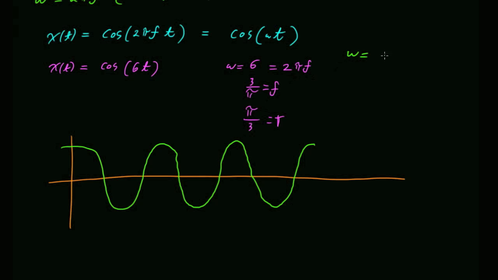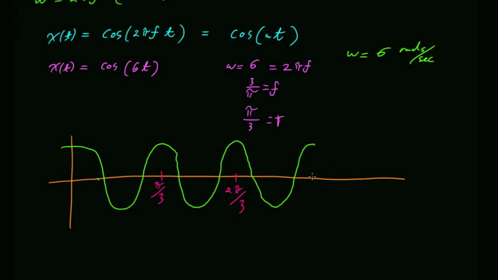If I express my cosine as cosine omega t, then omega has to be 6 in this case. 6 radians per second. Okay, that's a start. Now what do I need to do before I can plot that?